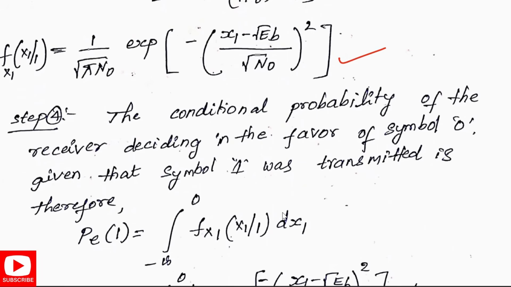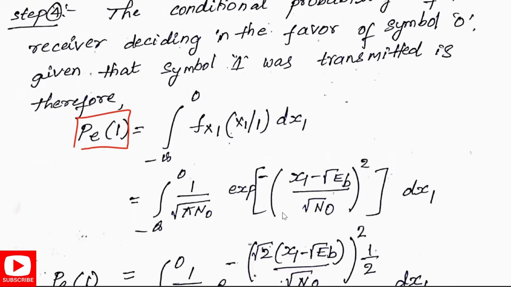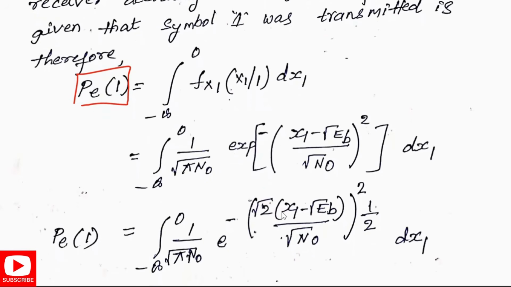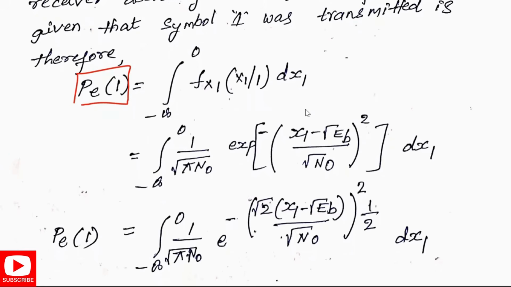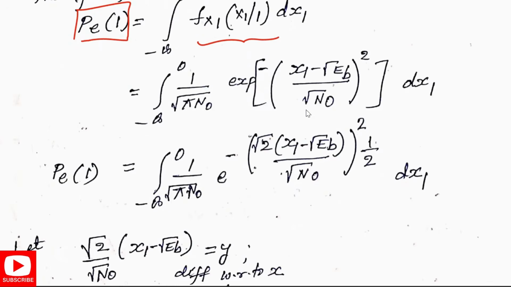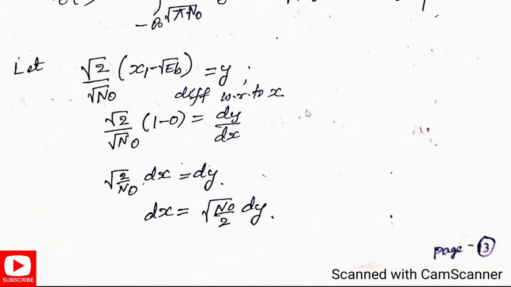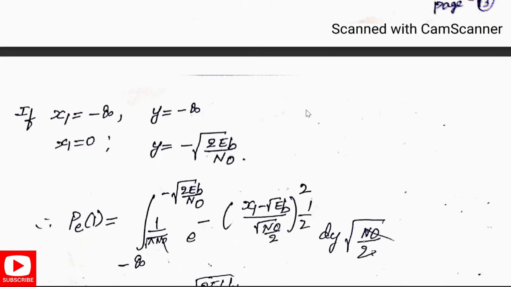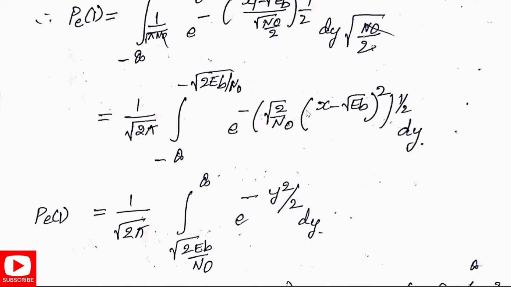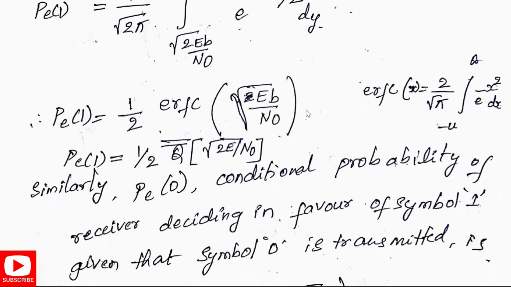Therefore, Pe of 1 is given as the integral from minus infinity to 0 of f of x1 given 1 dx. This is substituted with the limits, simplified, and after some more simplification we finally get Pe of 1 as 1 by 2 Q of square root of 2Eb by N0.